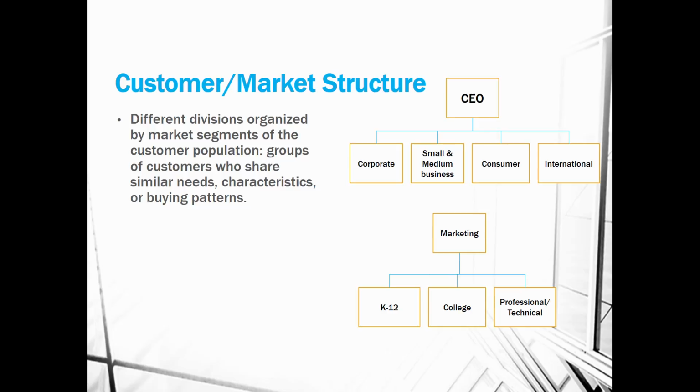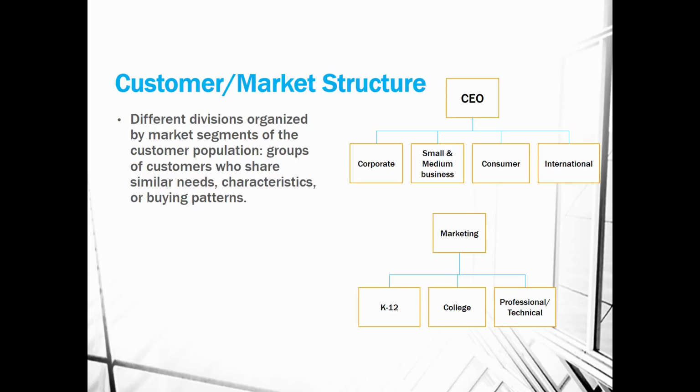A fourth example of a traditional organizational structure is a customer or market structure. In a customer or market structure, different divisions are organized by market segments of the population. Typically, we sell to these different customers, so these are different groups of ours. Maybe we have a product line that we customize for different corporate customers, maybe large billion-dollar companies.